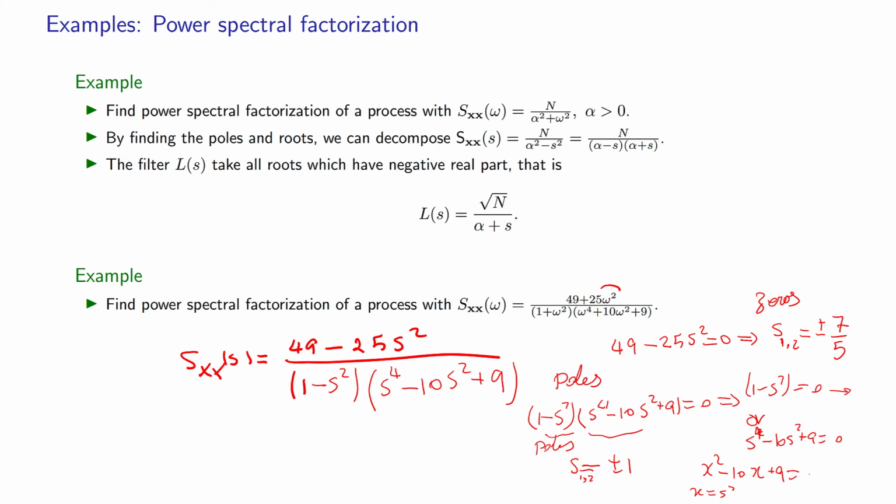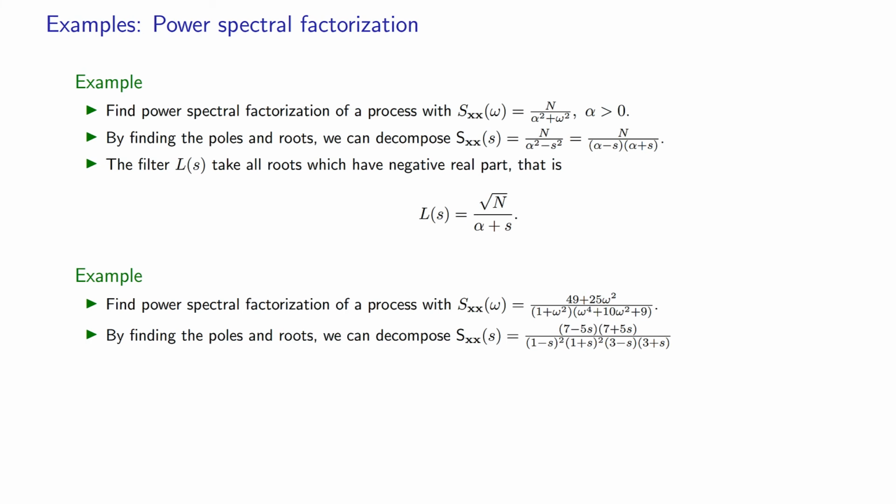So first you solve this equation, you find a solution for x, and then replace x by s squared, and you get two new second order equations, and you solve them separately, and then you get four poles. So once you do that, you could decompose this function into 2 zeros and 6 poles.